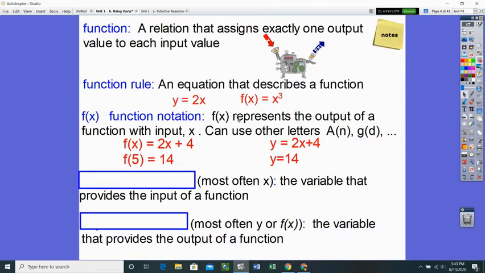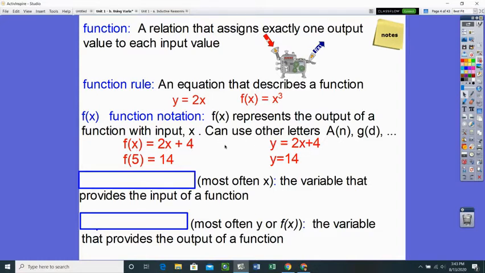So if we looked at, like, y, Mrs. Woodruff, why can't we just use a single variable like the y up here? Well, in algebra and higher math, we start to use this notation more. So instead of using a y, we use this. And I'm going to pronounce this for you. It's f of x, function of x, f of x.